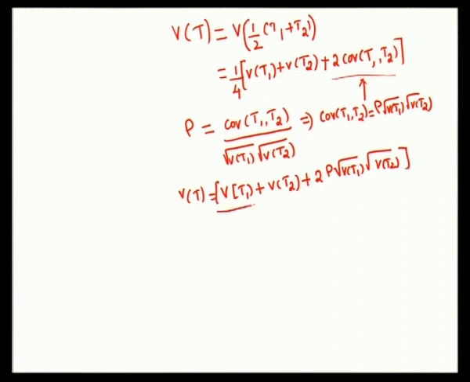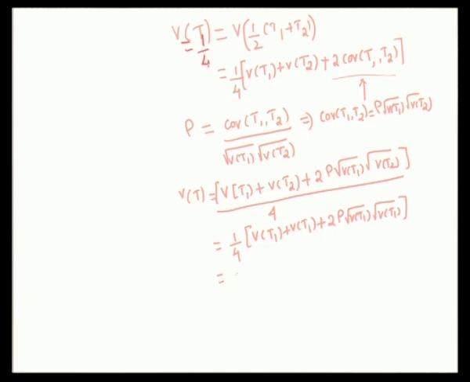Everything divided by 4. Now, since variance of T1 and variance of T2 are one and the same, you can replace variance of T2 by variance of T1. Therefore, 1 by 4 of variance of T1 plus variance of T1 plus 2 into rho of square root of variance of T1 into square root of variance of T1.